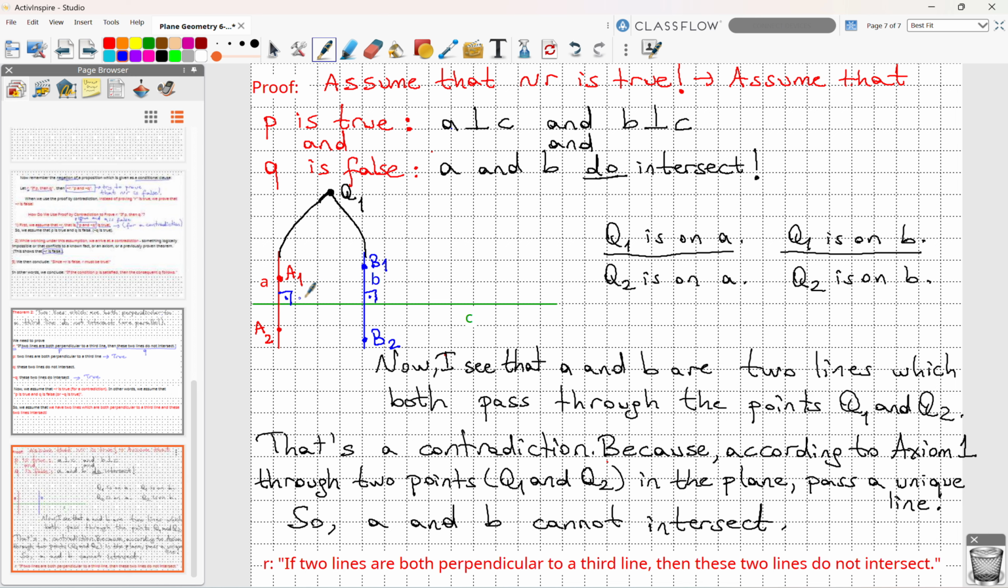So B1 is above line C, B2 is below the line C, and similar idea for A1 and A2. When we fold the paper along this line C, B1 will fall onto B2 and A1 will fall onto A2. And this will happen for any point on the line A above C, and for any point on the line B above the line C.